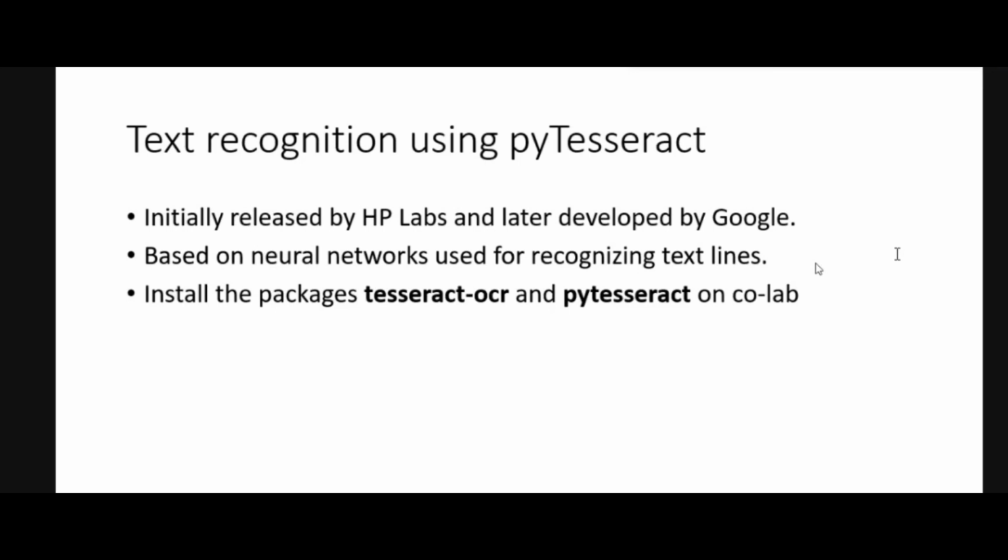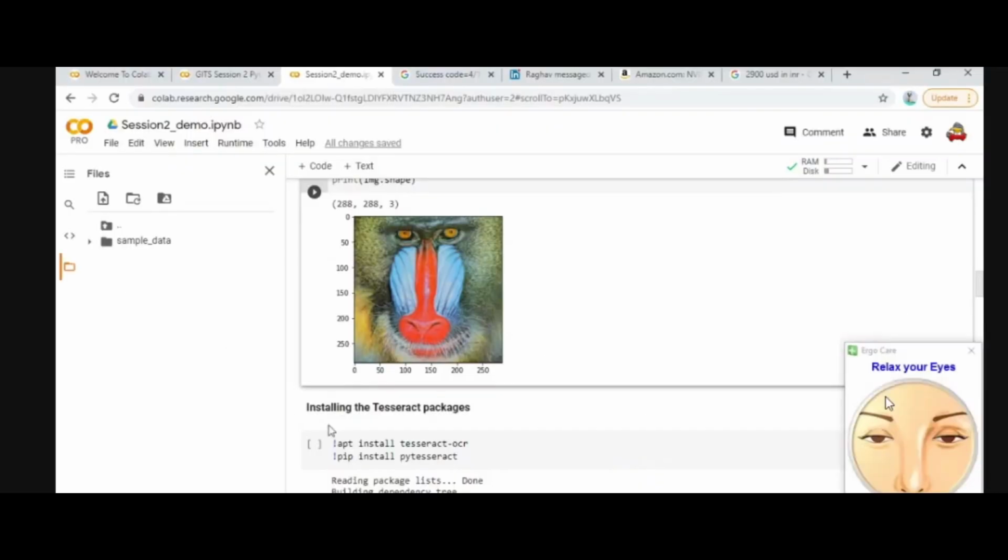And if you want to use OCR in Python, you have to install these packages. They are free of cost, at least as far as academic research is concerned. You can download them and use them on Colab: Tesseract OCR and PyTesseract. This is how you can install these packages: apt install tesseract-ocr and pip install pytesseract.